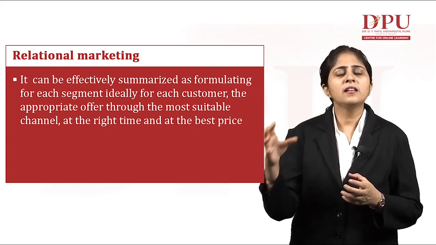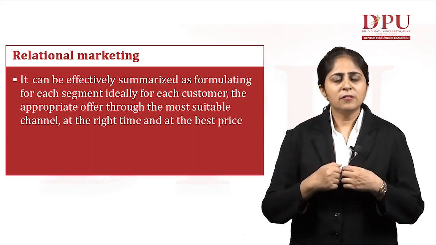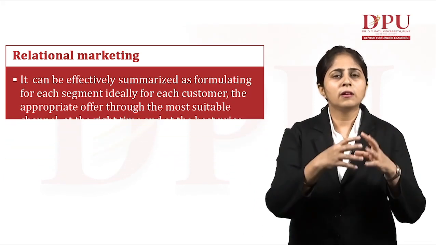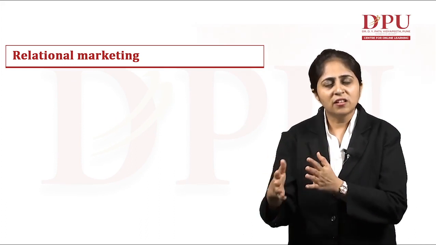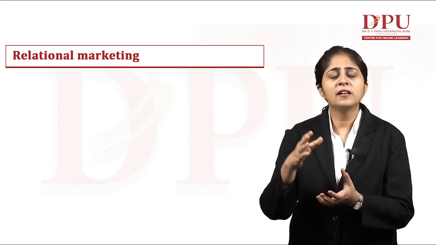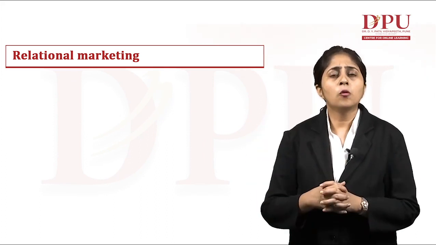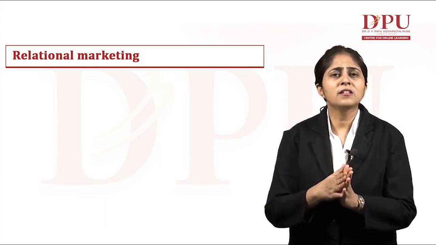We should target our customers depending on various criteria. That means we can target our customers depending on their location. We can target our customers depending on their age, whether he's a youngster, whether he's a child, or an old age person. So we have to work on all these criteria.